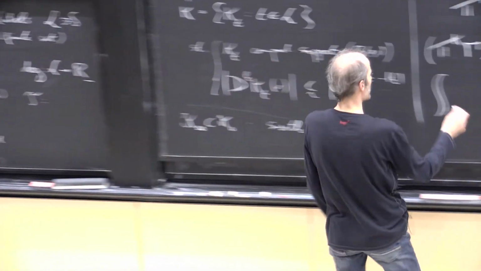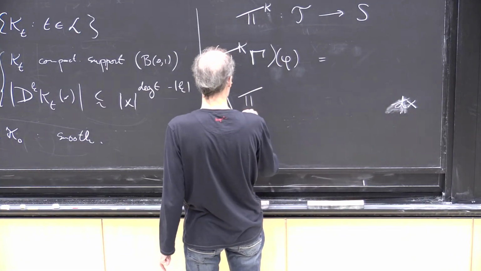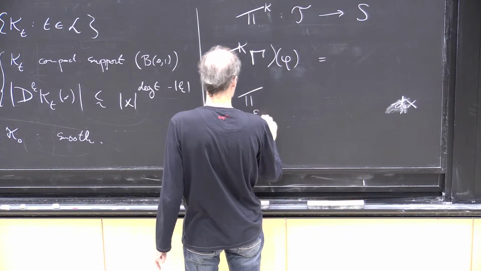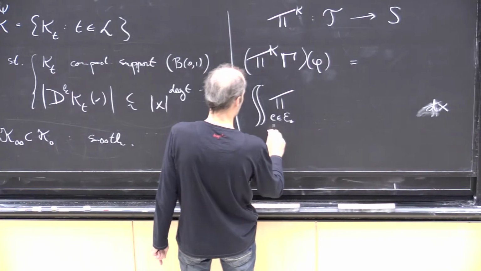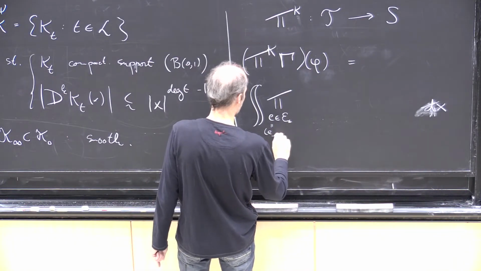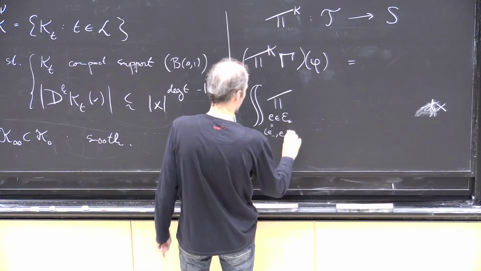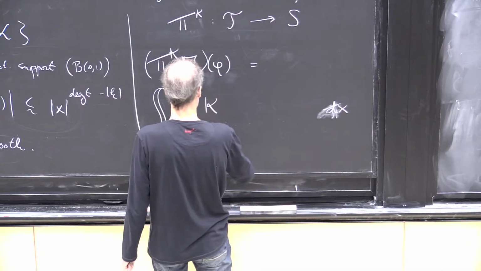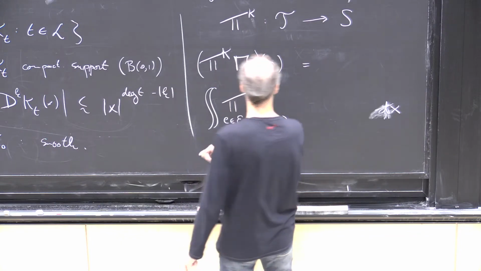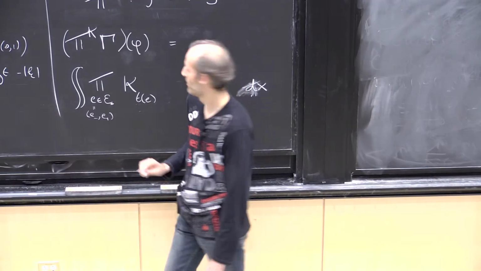And now what you do is you multiply, for all the edges, so an edge goes from, say, E minus to E plus, then you take the kernel k corresponding to that edge.